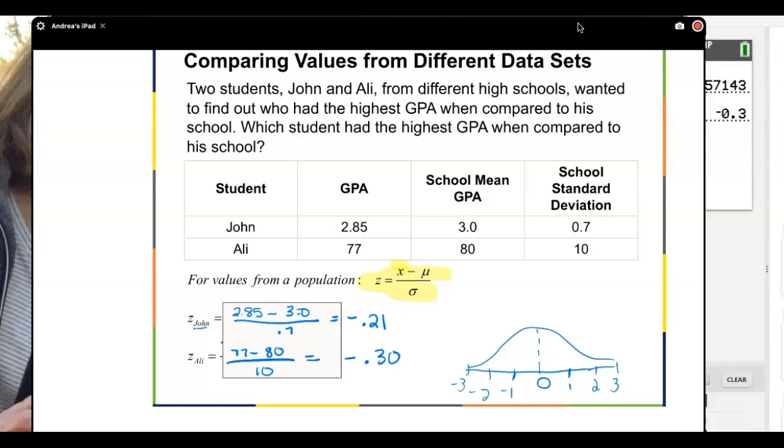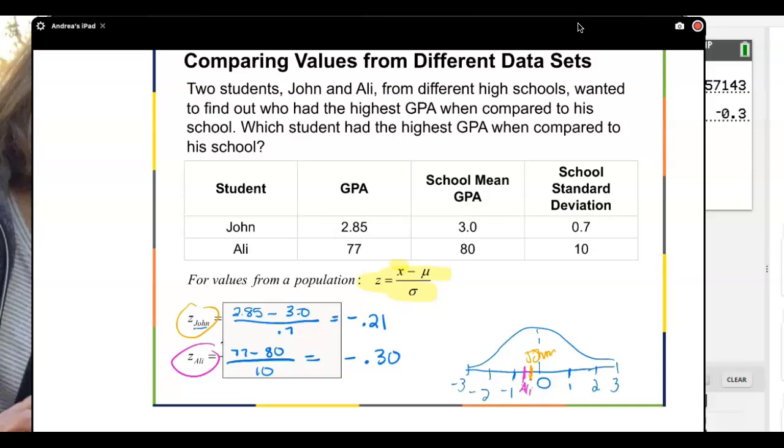But when we look at these two numbers, John's negative 0.21 is about right here, so he's just a little bit below the mean. Whereas Allie's is negative 0.3, so she's a little further to the left, a little further below the mean. So John's is actually a little bit higher than Allie's.